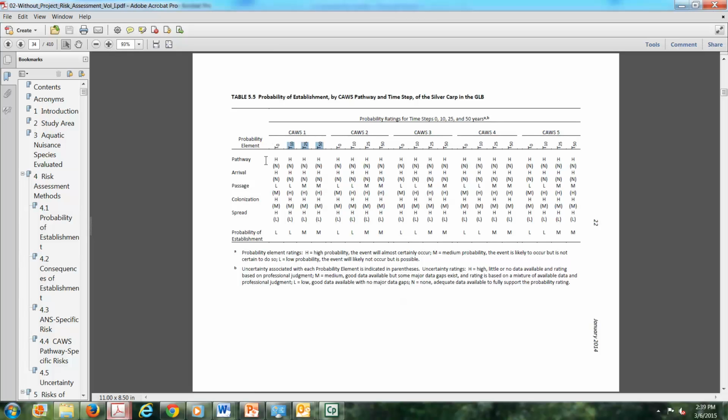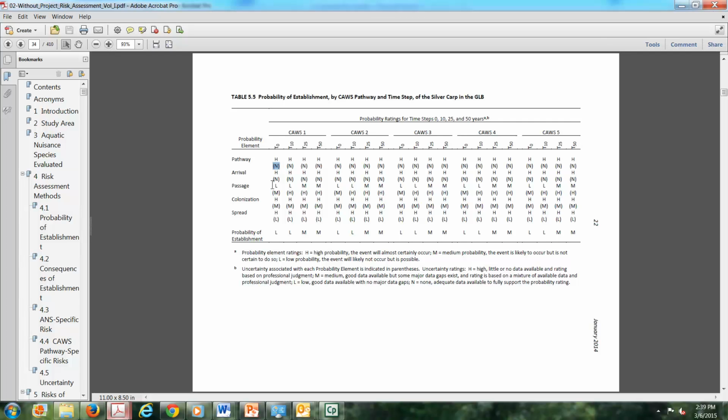For each of these, we have a pathway rating. Here you can see at time 0 in pathway 1, the pathway is rated high. There is no uncertainty. So the values in parentheses here would be an uncertainty rating.